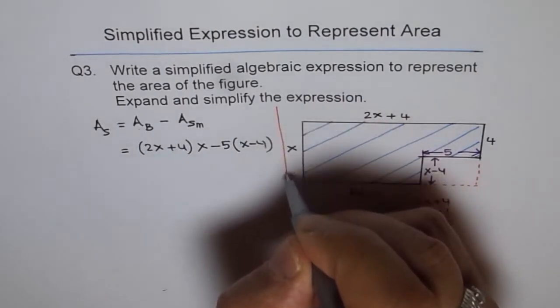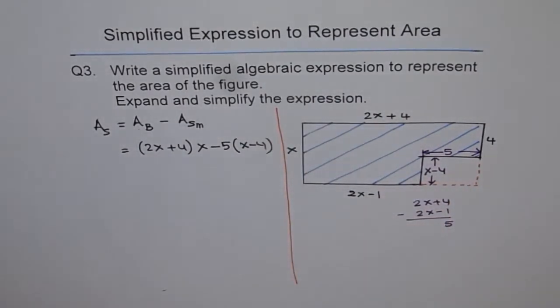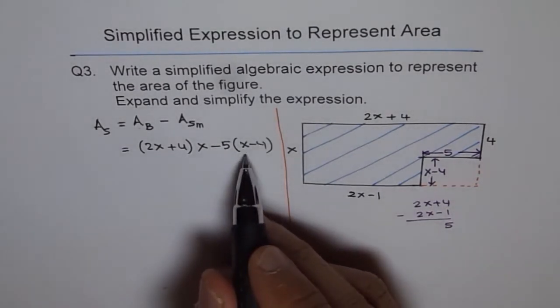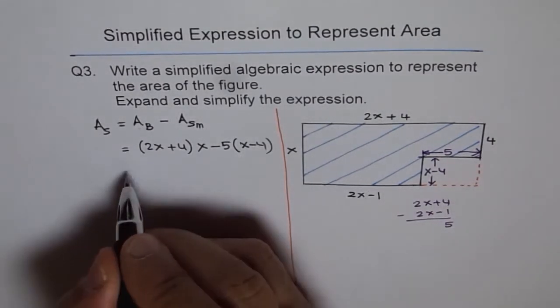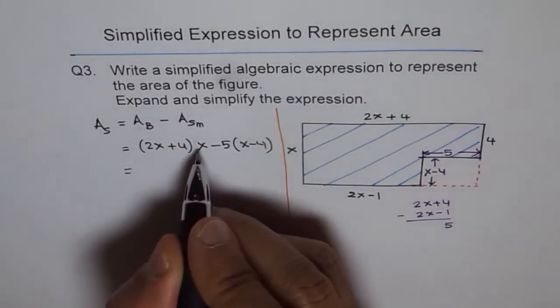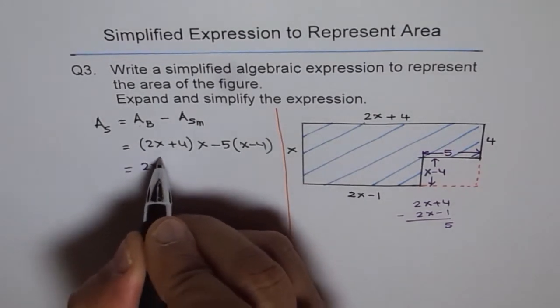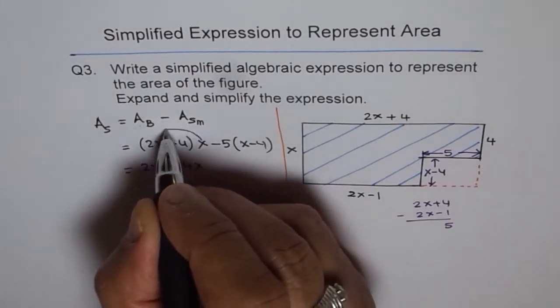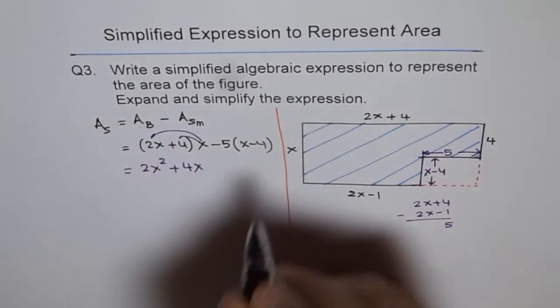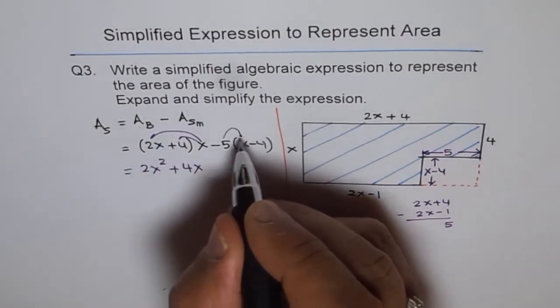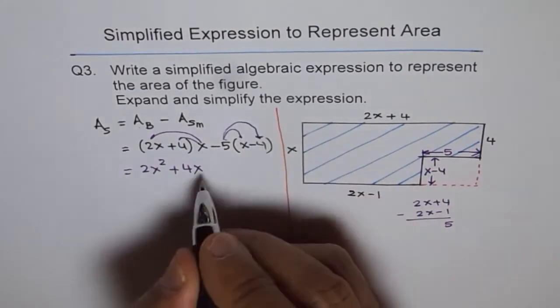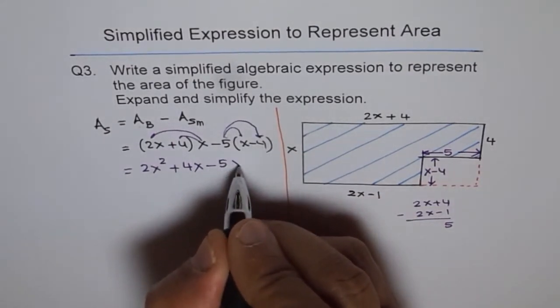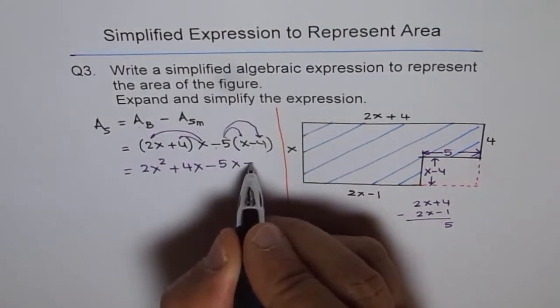Let me just separate this so that we don't have any confusion here. We can always expand and simplify this expression. If we do that, we get 2x squared plus 4x. You have to multiply this with both terms, that's the distributive property. Similarly here, we do it with 5: we get minus 5x and minus times minus makes it plus 20.